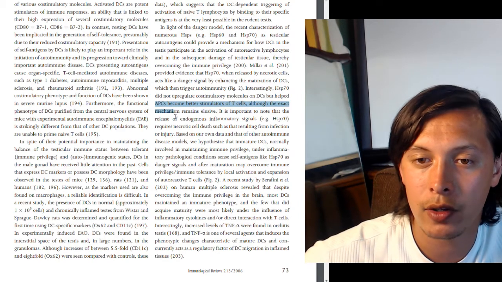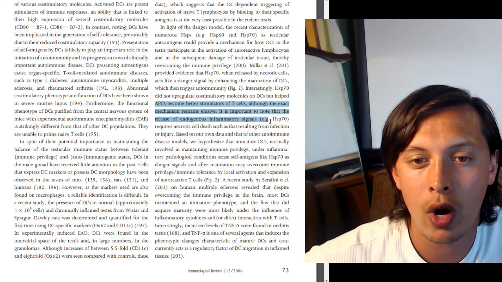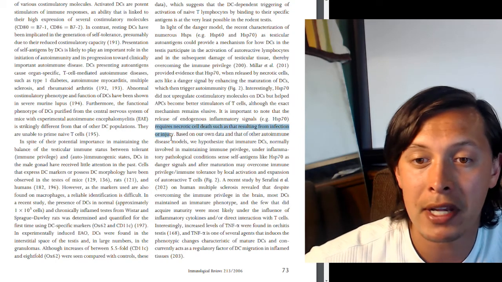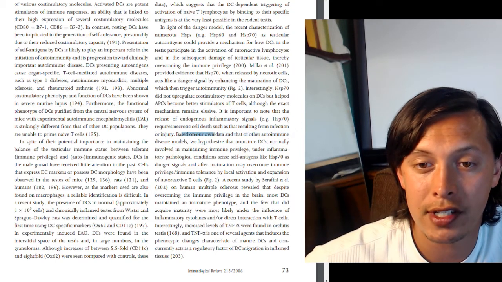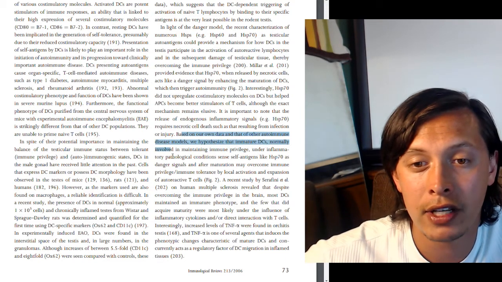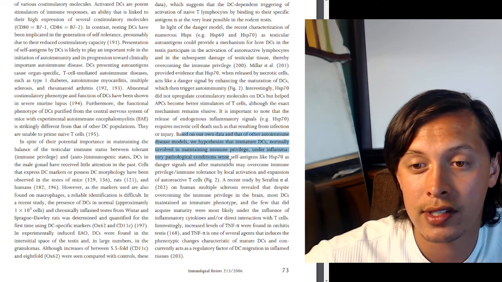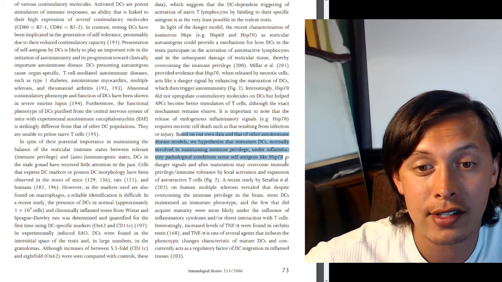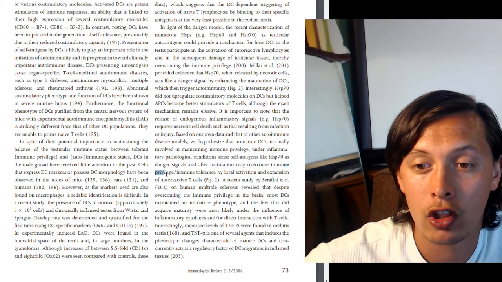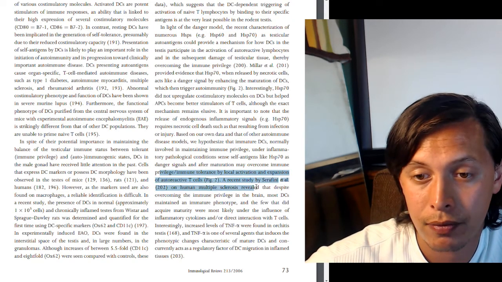Although the exact mechanism remains elusive, it is important to note that the release of endogenous inflammatory signals requires necrotic cell death, such as that resulting from infection or injury. Based on our own data and that of other autoimmune disease models, we hypothesize that immature dendritic cells, normally involved in maintaining immune privilege, under inflammatory pathological conditions, sense self-antigens such as heat shock protein 70 as danger signals, and after maturation may overcome immune privilege and immune tolerance by local activation and expansion of autoreactive T cells.